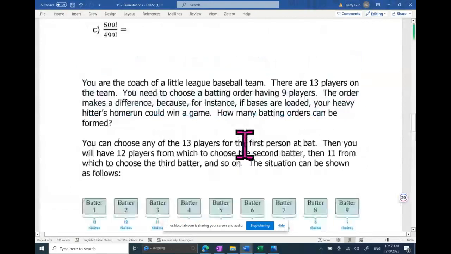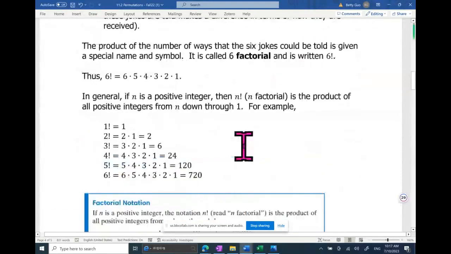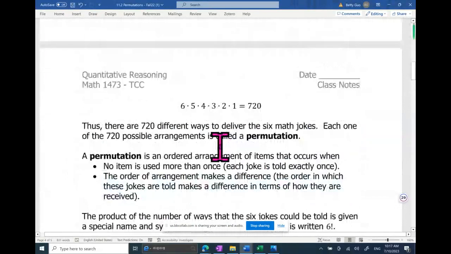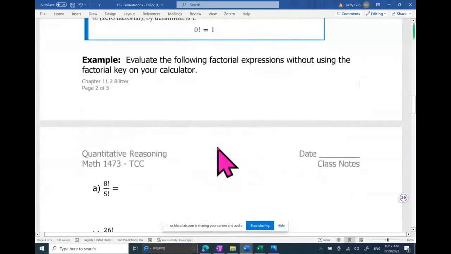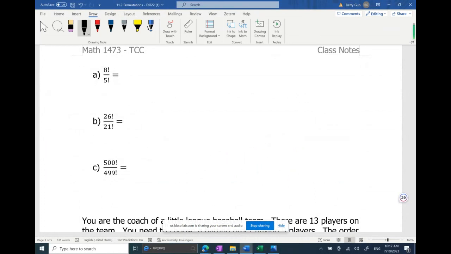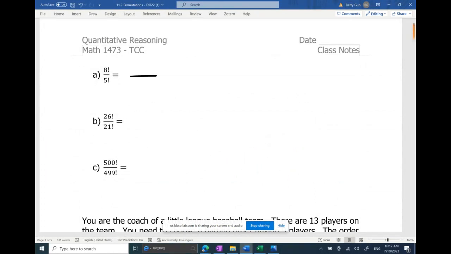Let's work on the examples. By using the examples, you will be able to understand permutations. The first few examples are about factorial. Let's just practice them as a warm up. Some of you don't like to use a calculator, right? And there is nothing wrong with it, but make sure you can manually get the correct answer.